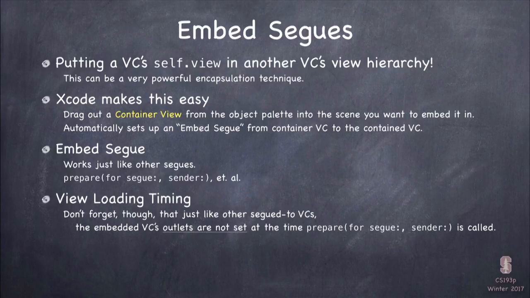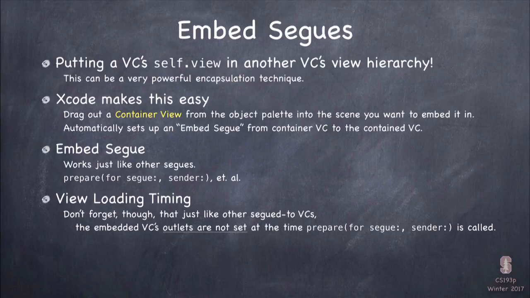One thing to be really careful about with embed segues, it's no different than any other segue in that when the prepare happens, none of the outlets are set in that MVC that you're embedding. Okay? So a lot of times people are embedding this other MVC and they want to be setting all kinds of outlets in the thing they're embedding, which you can't because none of those outlets have been set. You're in prepare, you're really early.